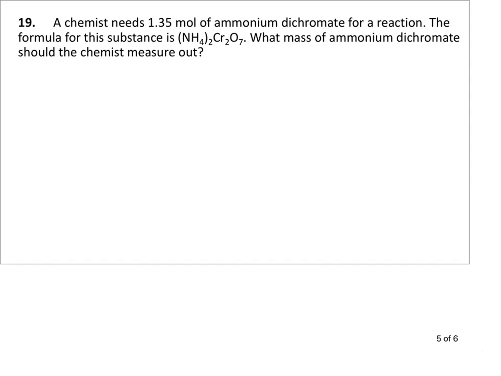I'm doing 19. This time we've got 1.35 moles of the ammonium dichromate, and we want to know the mass, or grams.